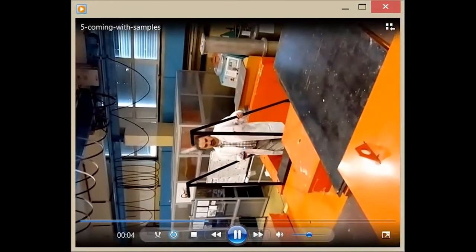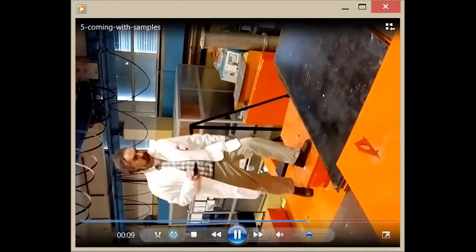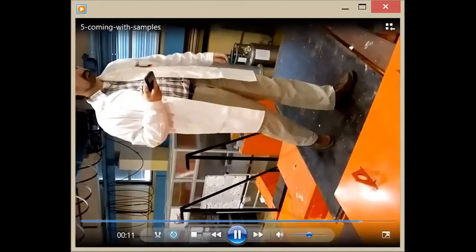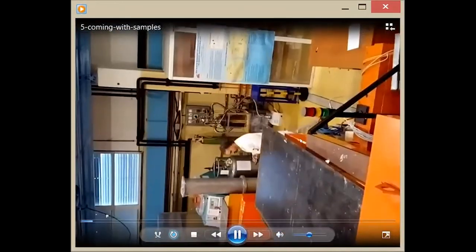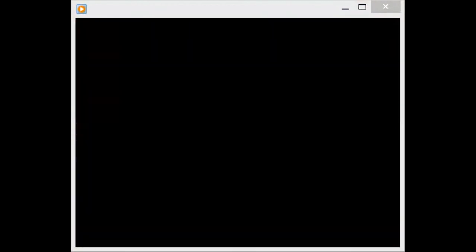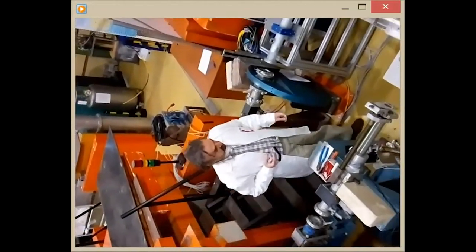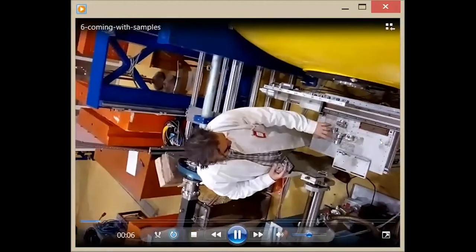Now, for accessing the area with the samples, we must again overcome this huge barrier with many steps and very ugly shielding materials, but then it works. So this is the sample table.